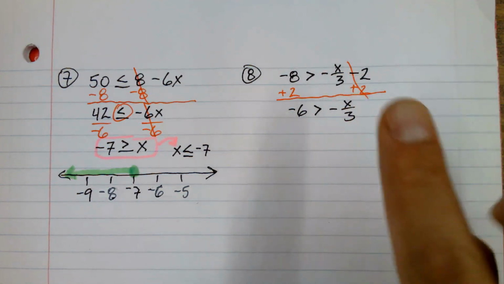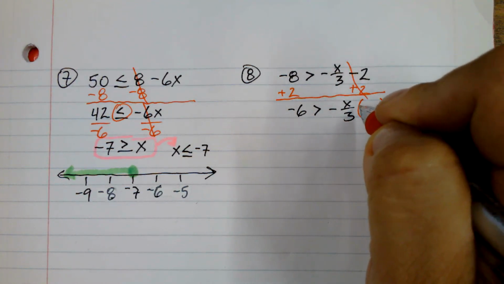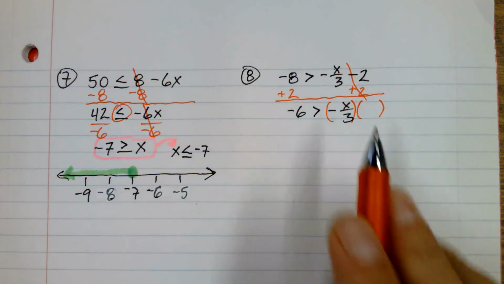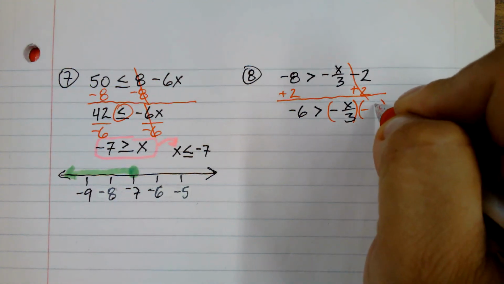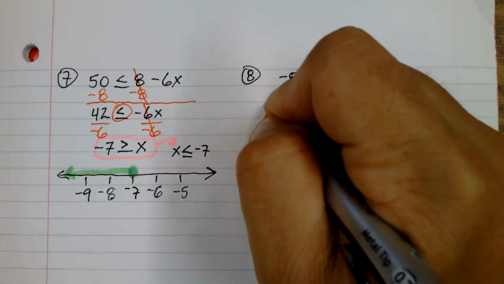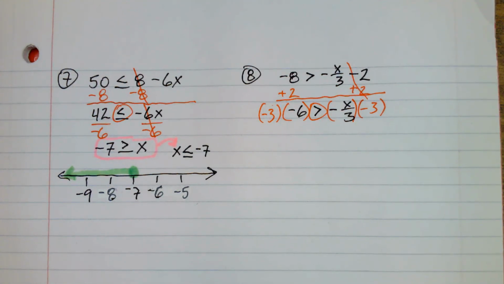Multiply by -3. Again, I know I got to multiply, but the only thing that would cancel the negative is another negative. And because of that, I circle this.